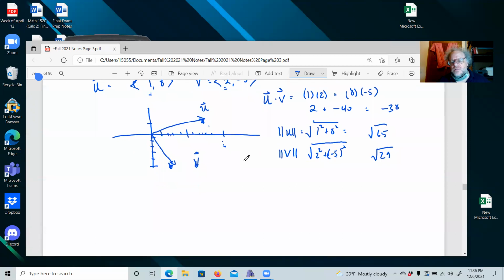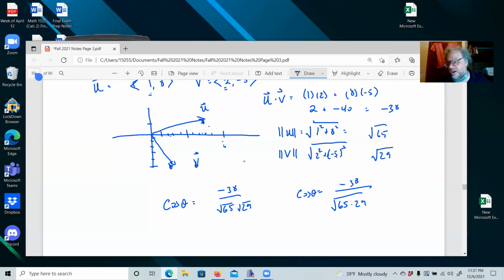So we're going to say that the cosine of theta is equal to -38. That's what we calculated up here. We've got a square root of 65 and a square root of 29. Since they're both under a square root, we can combine them. So cosine of theta is equal to -38 over the square root of 65 times 29.